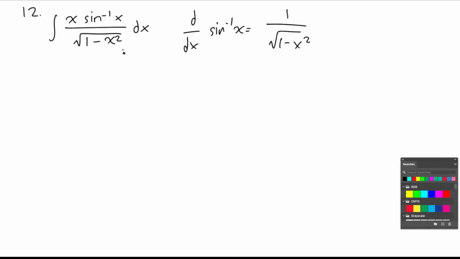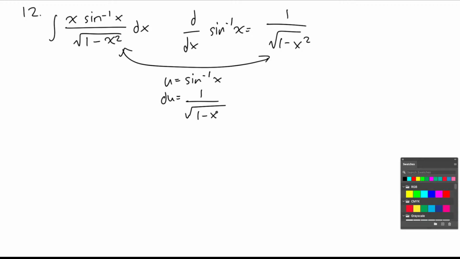And guess what? If u equals sine inverse of x, du equals 1 over square root 1 minus x squared dx. That means all we're left with is the integral of x times u du.